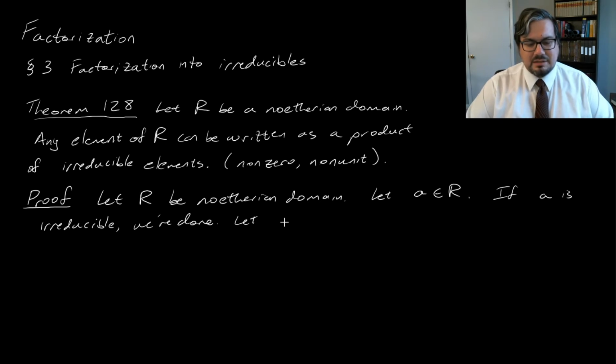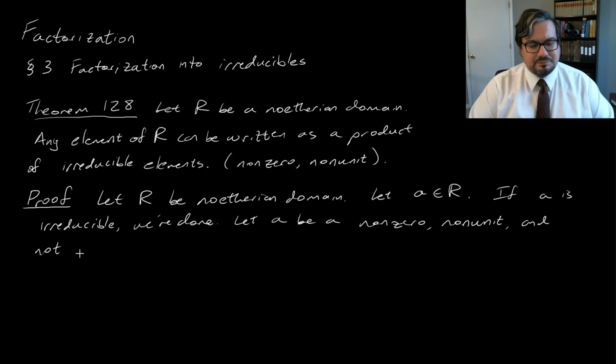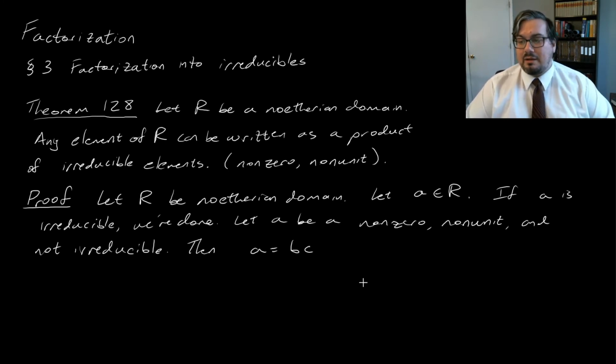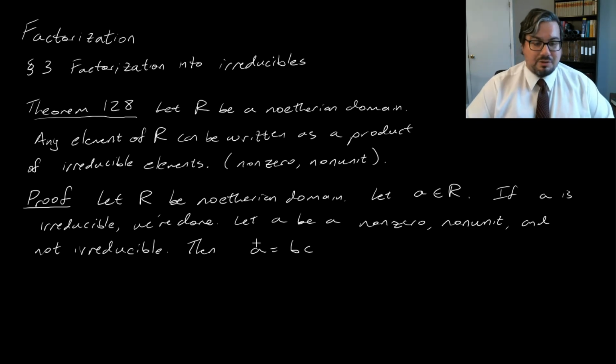Otherwise, let A be non-zero, a non-unit, and not irreducible, or in other words, reducible. So the basic idea behind this proof is the following. We can write A equals B1 times C1, where B1 and C1 are both non-units.